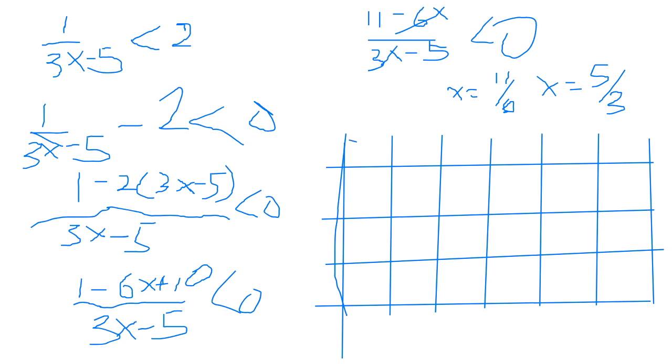So we start: negative infinity to 5 over 3. Then we go 5 over 3 to 11 over 6.